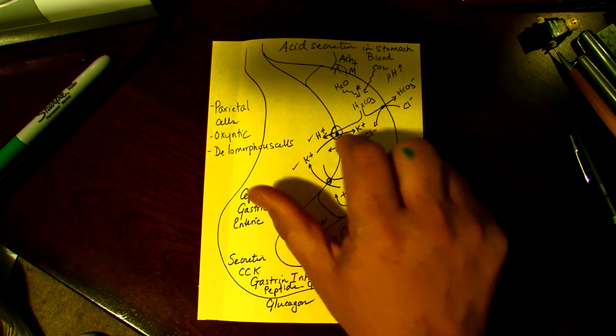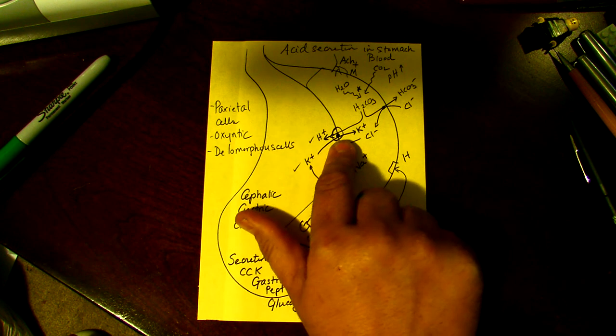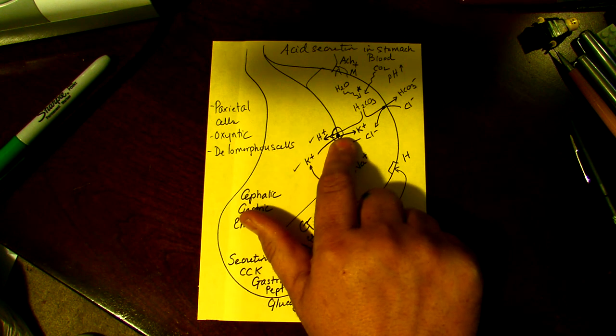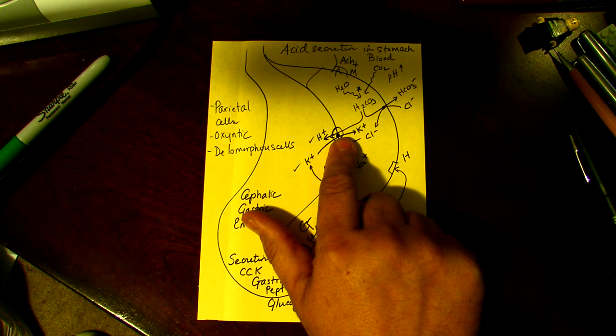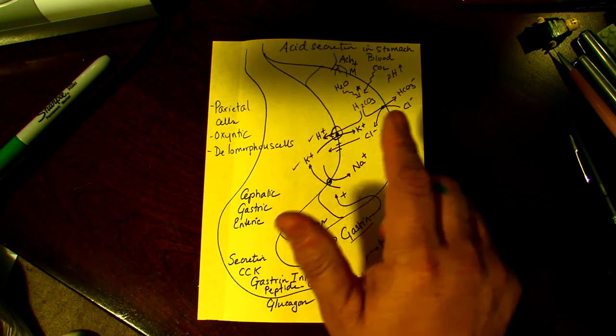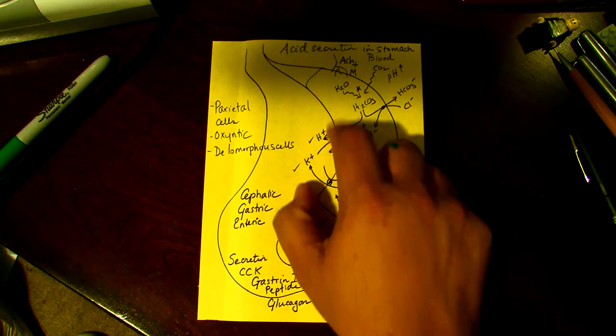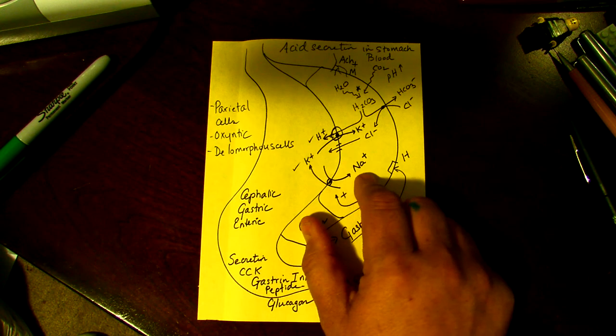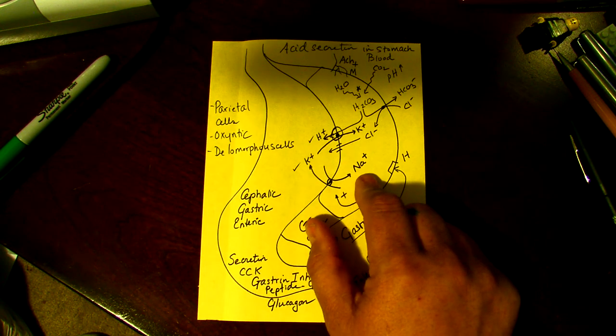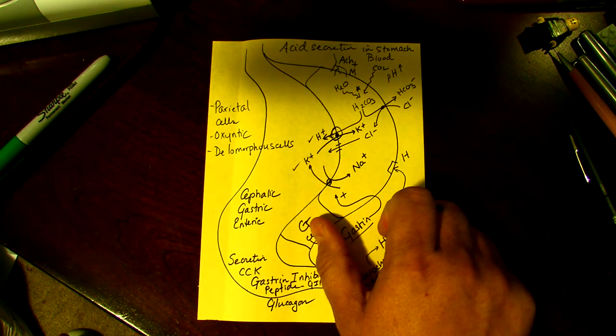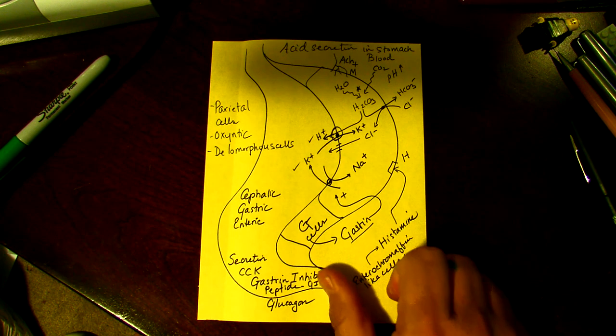The gastrin actually induces a production and recruitment of the hydrogen potassium antiport channel to be introduced into the luminal membrane of the parietal cell, thereby enhancing more hydrogen ion secretion.